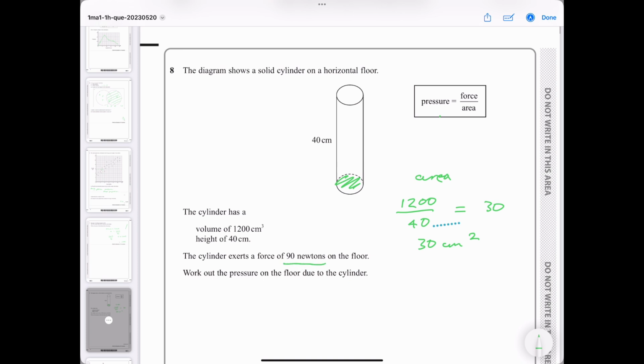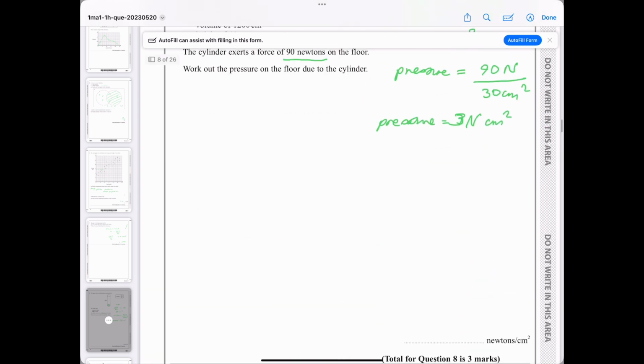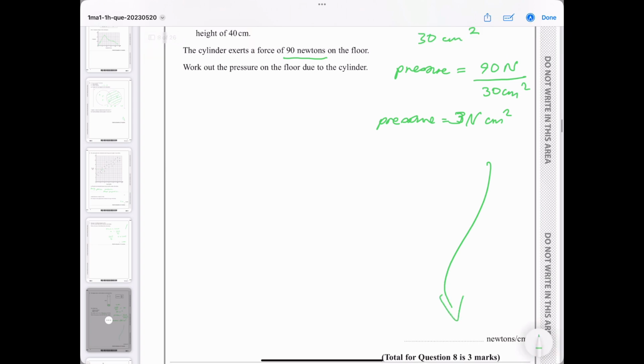The force is 90 newtons, so pressure equals 90 newtons over 30 centimetres squared, which means the pressure equals 3 newtons per centimetre squared. And that is written down there, so we'll pop it in there.